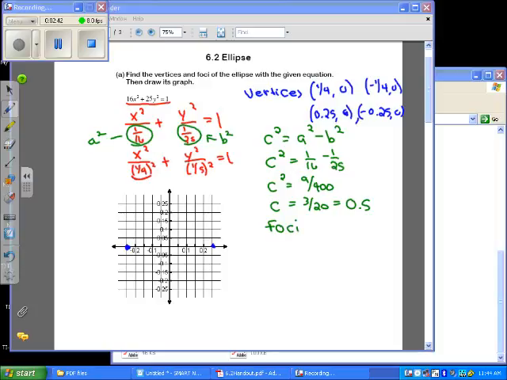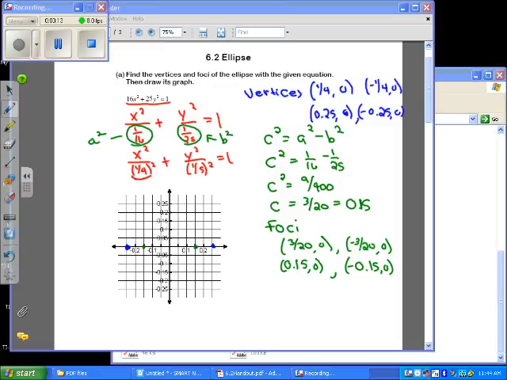My foci would be (3/20, 0) and (-3/20, 0). If you prefer this in decimal form, it's (0.15, 0) and (-0.15, 0). Let's go ahead and plot these on my graph here. There's one, and there's the other one.